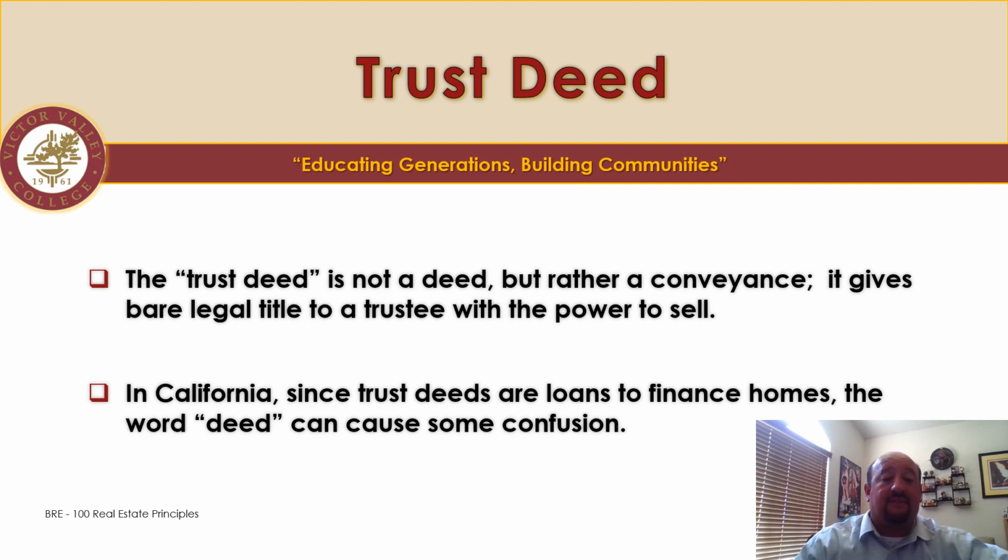It gives bare legal title to a trustee with the power to sell. Trust deeds in California are loans to finance homes. The word deed can cause some confusion. The actual trust deed isn't a deed, it is an instrument that's set up with a three-party system that you will read about in your book.